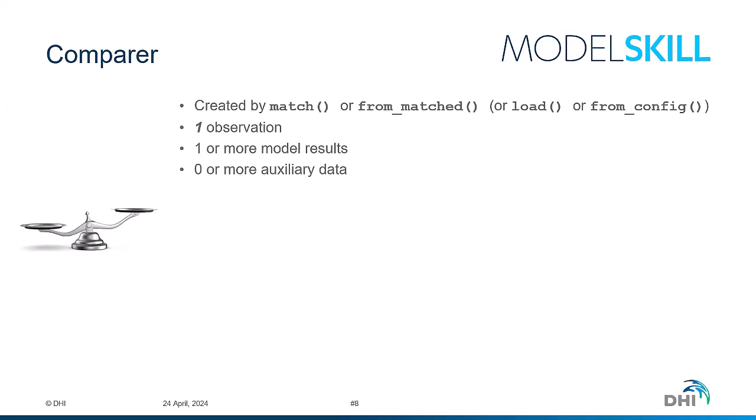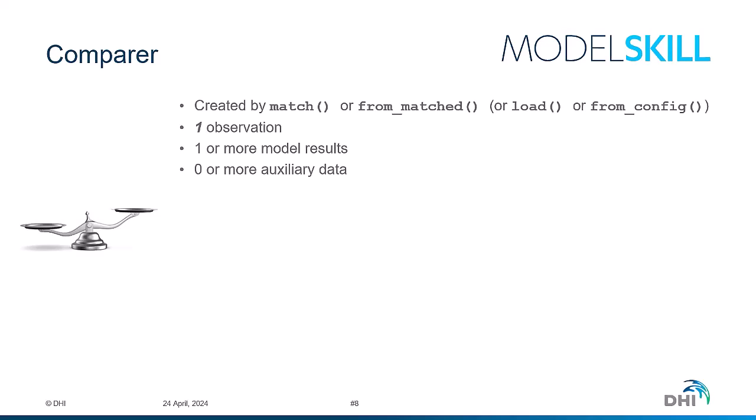We will not show that today, but you can dig more into that in the documentation if you want to. That can be from a YAML file or from an Excel file. After you have created your comparer or your comparer collections, you can also save it to an object and then load it again later.